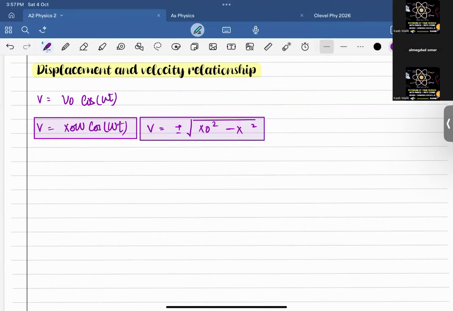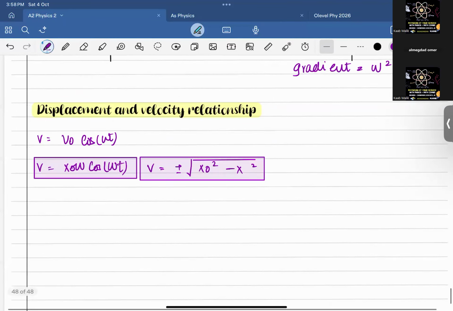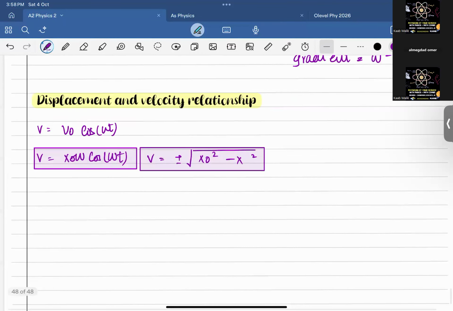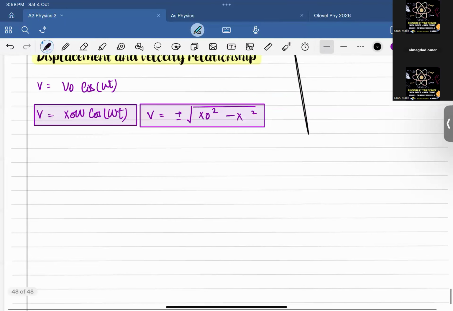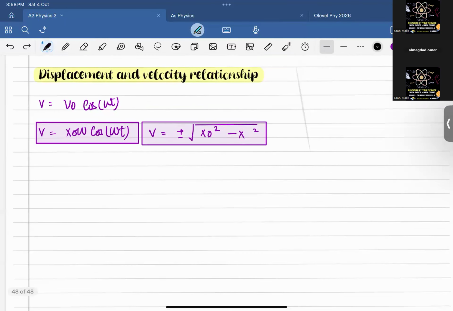Now we have one more thing, and that is the graph for this function. If we look at the graph, it will look like this.